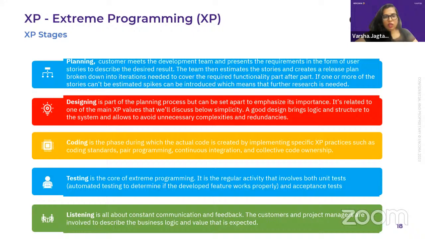Third, coding is a phase during which the actual code is created by implementing specific XP practices. These practices could be coding standards, pair programming, continuous integration, and collective code ownership. If you see in Scrum, I won't allow maybe pair programming.